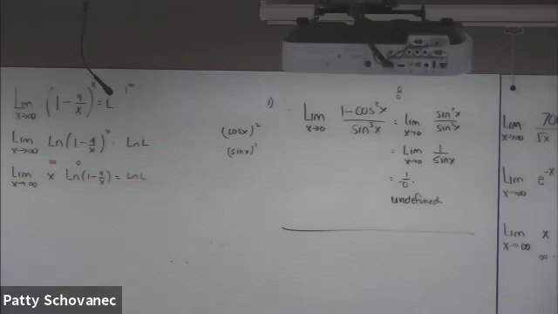So multiply by x, divide by 1 over x, just like we did in that other example. Now, that's the right form for L'Hopital's rule.